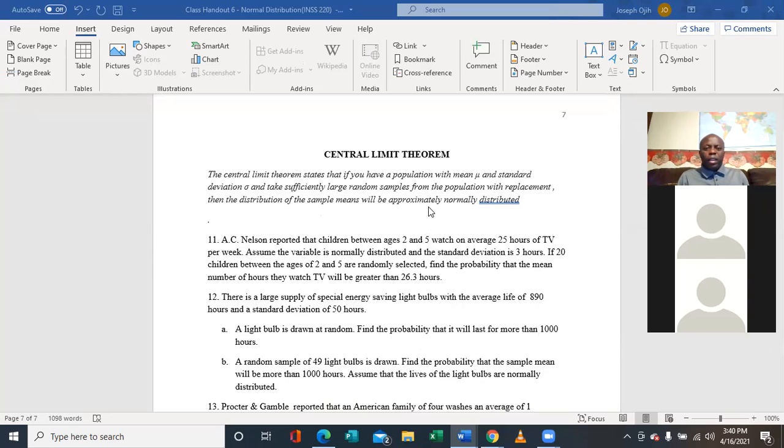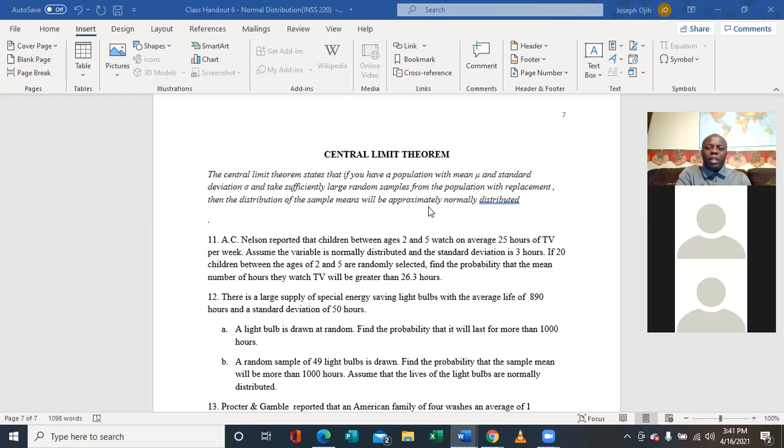If you have a population with a mean mu and standard deviation delta, and take a sufficiently large random sample from the population with replacement, then the distribution of the sample mean will be approximately normal. It will be normally distributed so long as it is large enough.